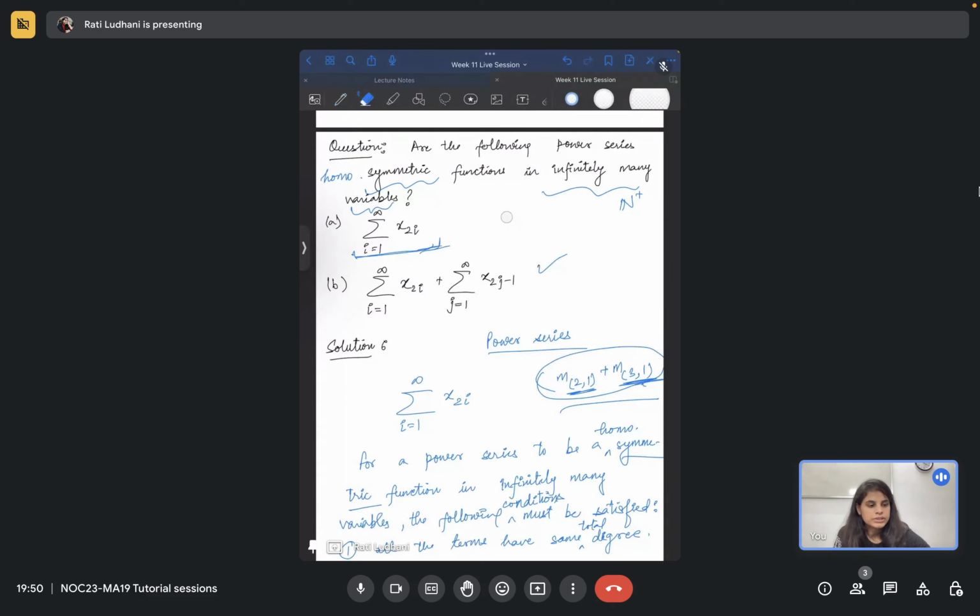Note that this is equal to, I'll change color, the sum over i from 1 to infinity of a multiple of 2. So it just says x2, x4, x6 and so on, so we are getting just the even ones. Is this a symmetric function or not?